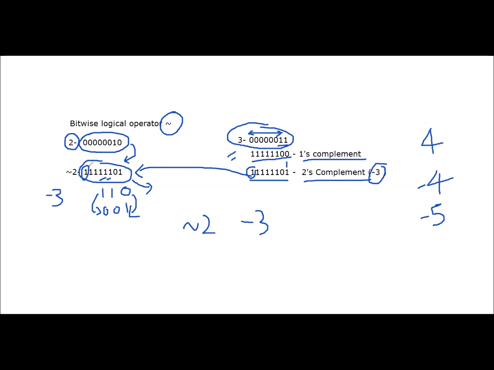After seeing this sign bit, the computer represents the bitwise logical complement of 2 as -3. Similarly, when we give the number 5, the bitwise logical complement of 5 is -6, exactly the same as the twos complement of 6. That's why the computer represents it as -6.